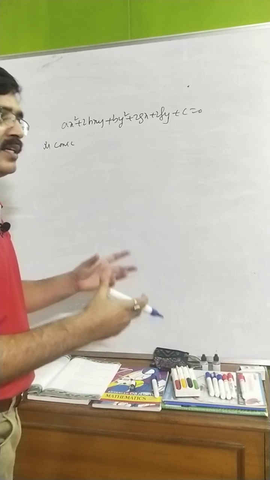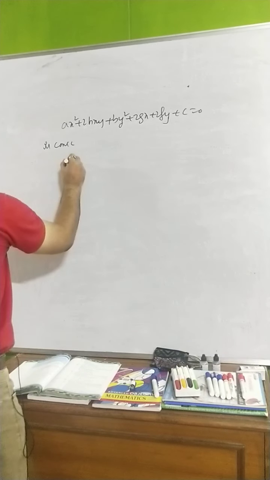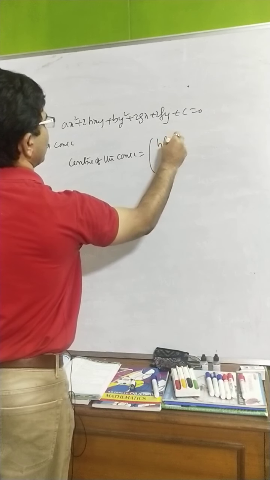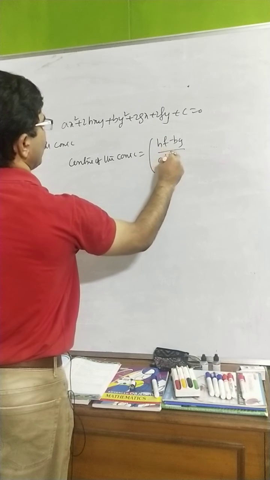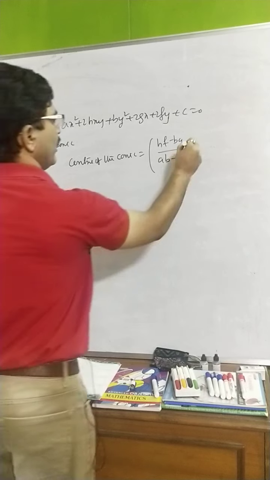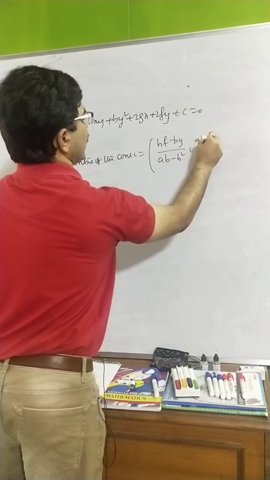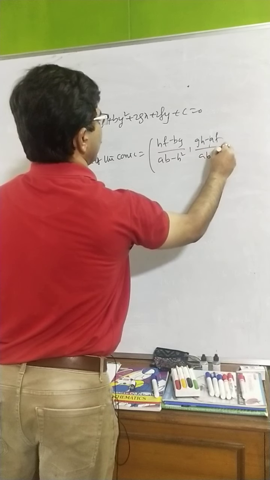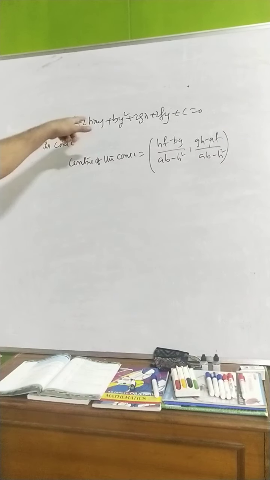Now how to find the center of the conic? You can write like this: hf minus bg by ab minus h square, next gh minus af by ab minus h square. This is the center of the conic.